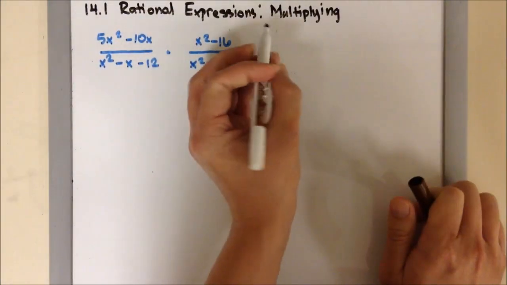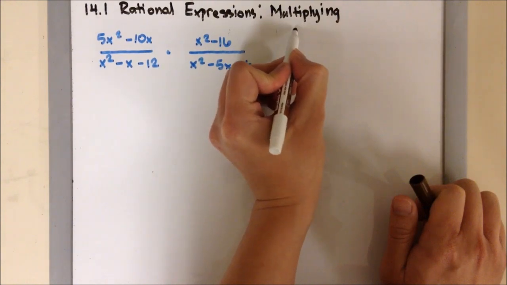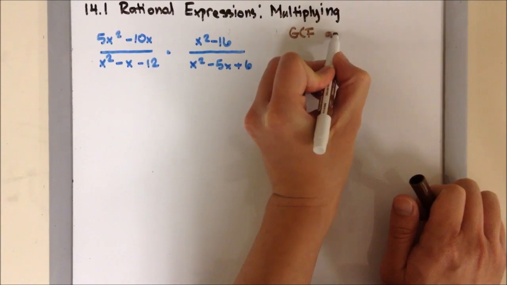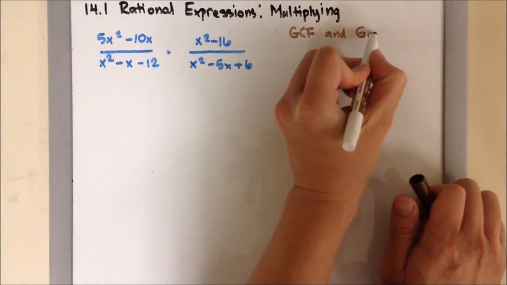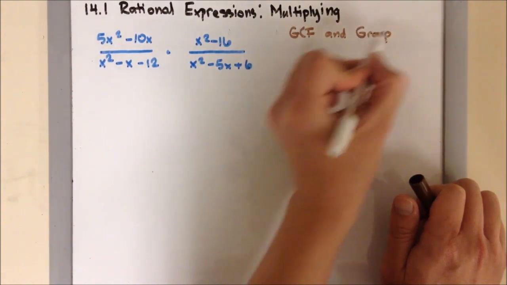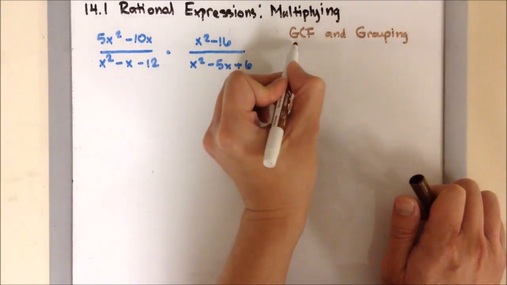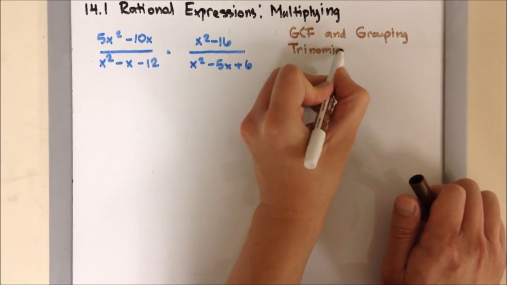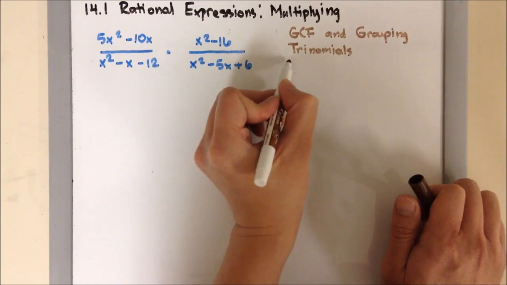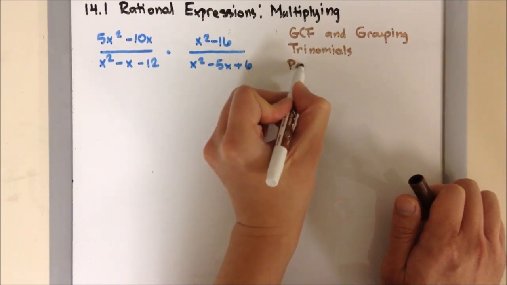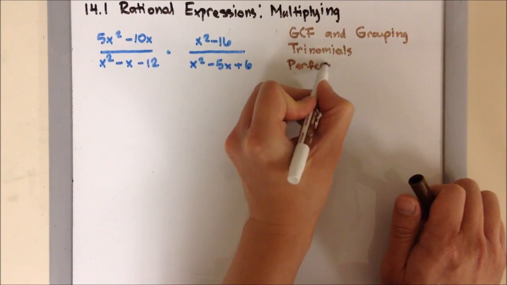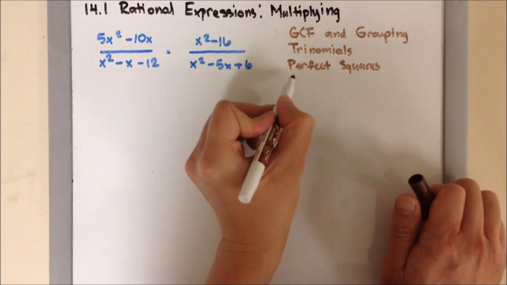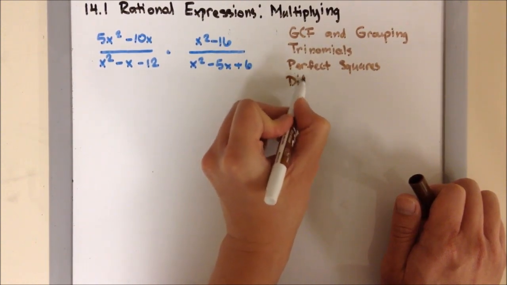Meaning, you need to know when and where to factor by GCF and grouping, the technique for factoring trinomials, the factoring rule for perfect squares, and the factoring rule for difference of squares.